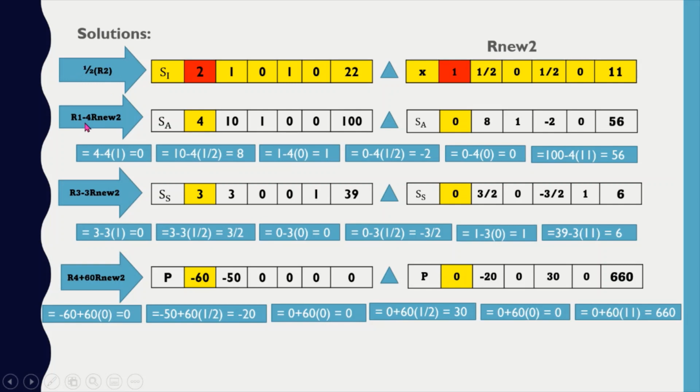Row 2, we subtract, we multiply our new R2 with 4. The same with row 3, multiplied by 3 in order to eliminate the 3 here. And with row 4, just go over and review this process that I discussed earlier. This is the whole process solution.